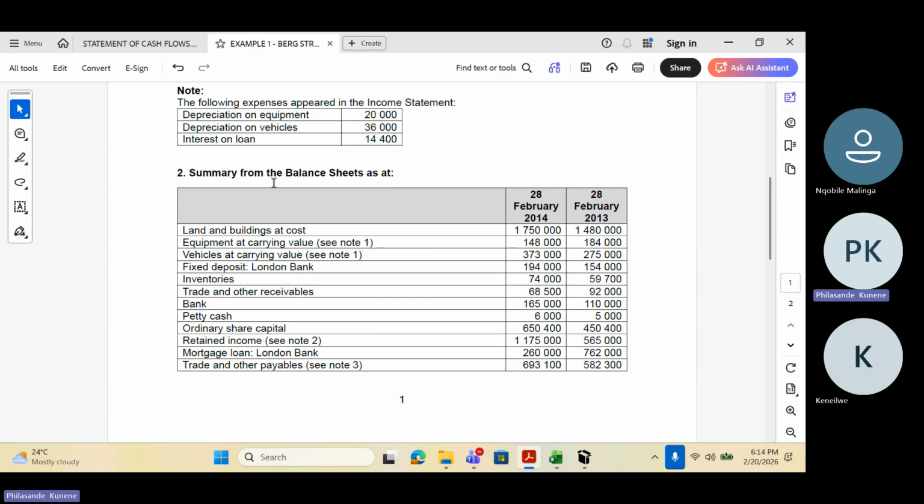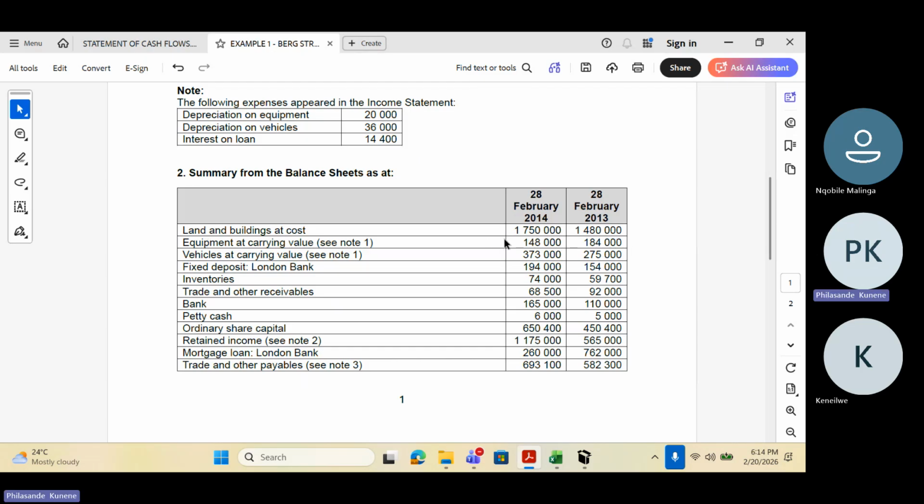Okay, and we have a summary from the balance sheet as at 28 February 2014 and 28 February 2013. So this is the current financial year. This is the previous financial year. Land and buildings at cost, 1,750,000.